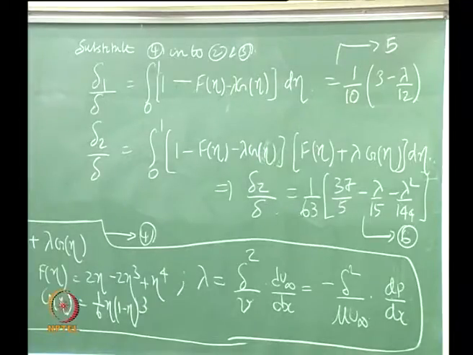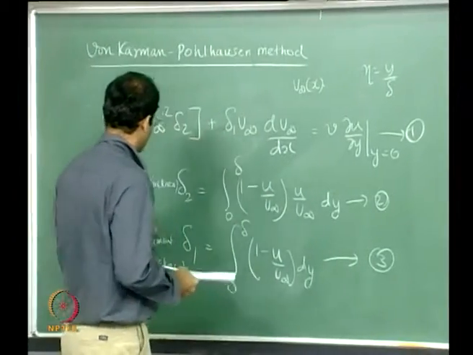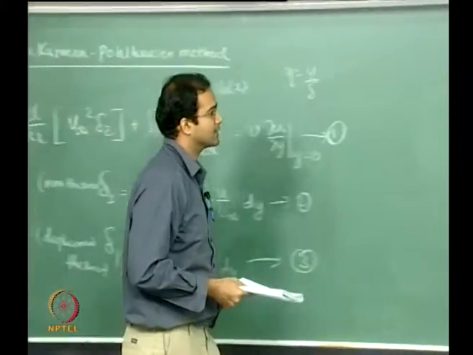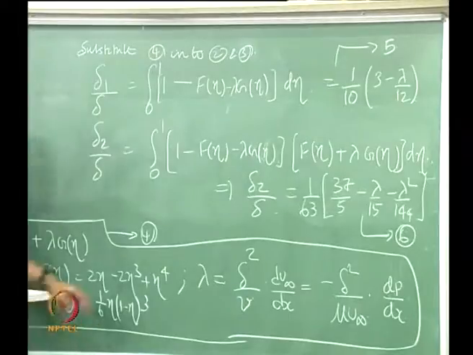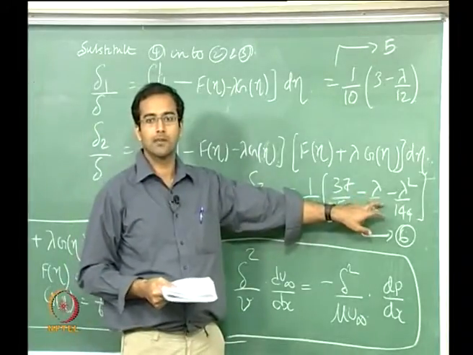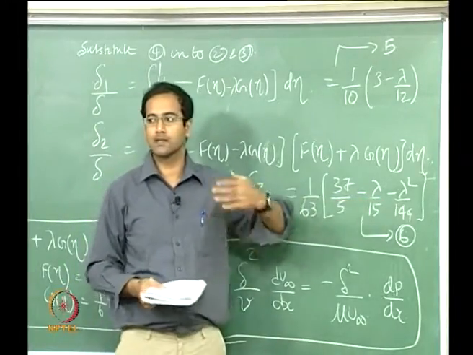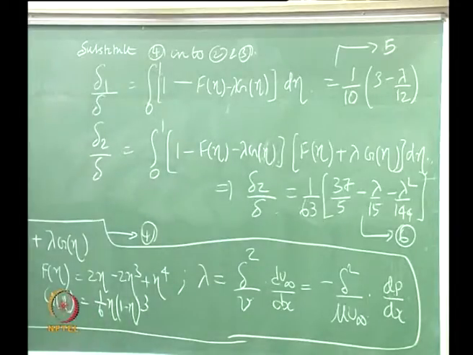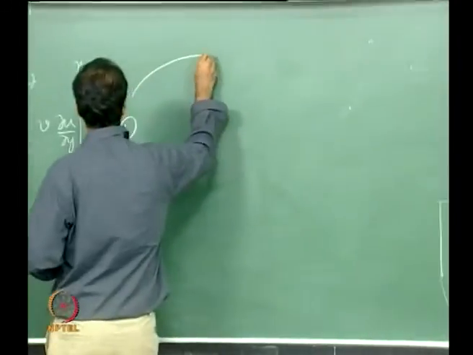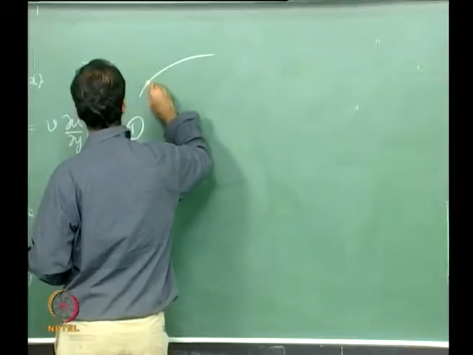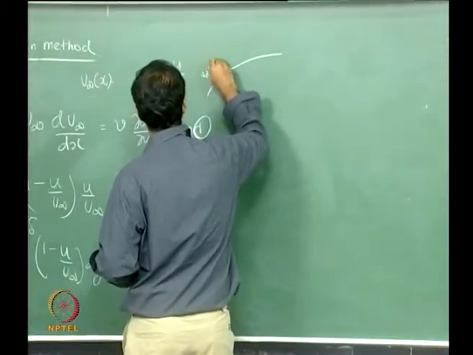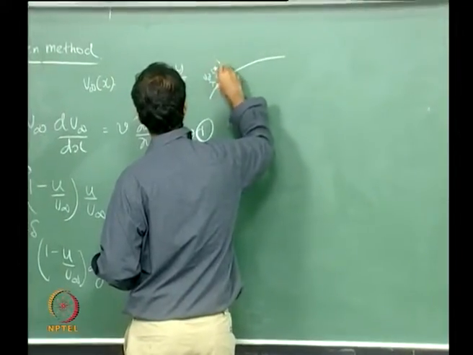So what I am doing is I am just estimating an expression for the momentum thickness and the displacement thickness in terms of lambda. Okay, because now lambda is a function of x, strictly speaking. If you look at a particular problem and if you define your x like this and your u infinity is a function of x, your lambda is also a function of x.